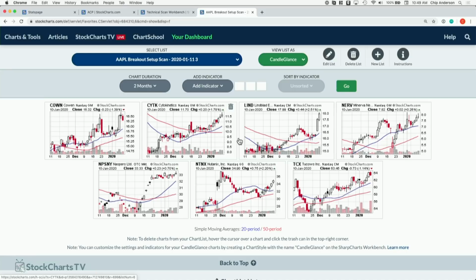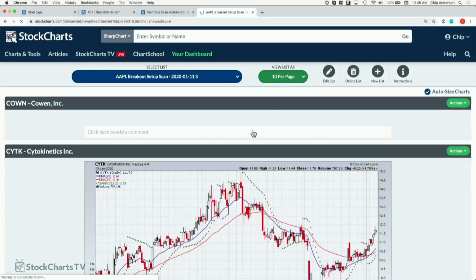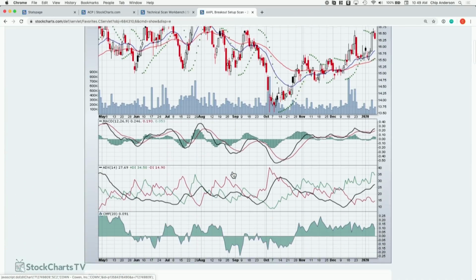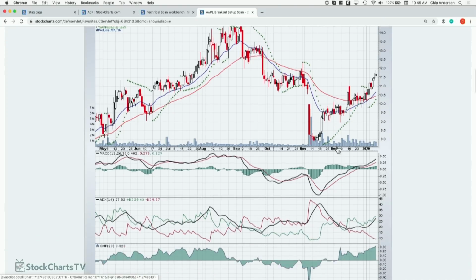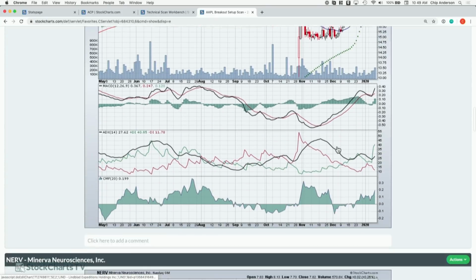But we see some other stocks, say this one, that have had this kind of big drop and are now starting to move higher. We can see that because of the moving average cross. I go from candle glance back to 10 per page, start to study these. I'm looking for, yes, situations, maybe a situation like this where things are moving higher, so on and so forth.